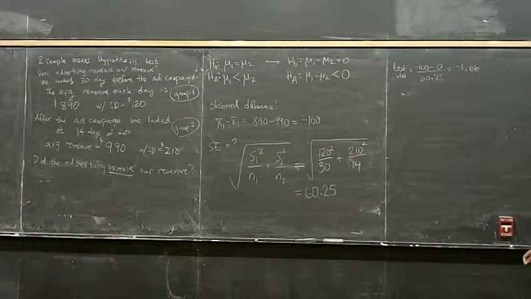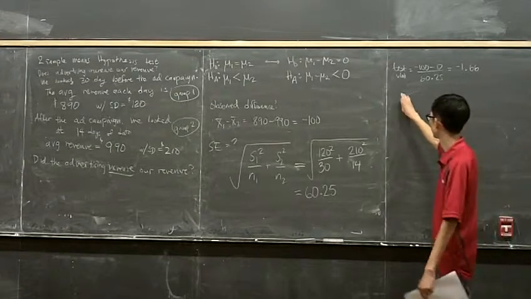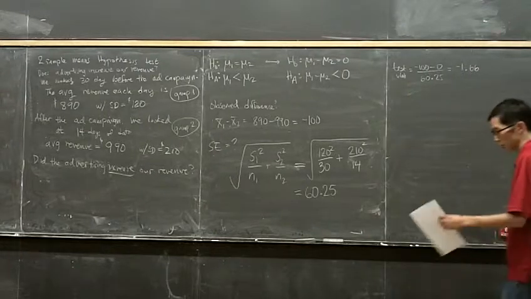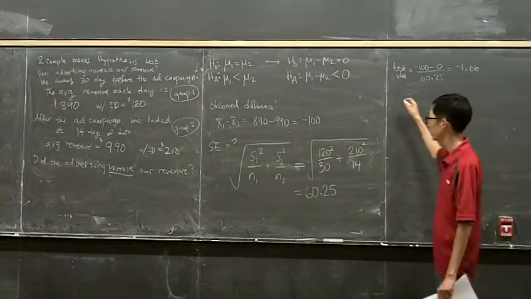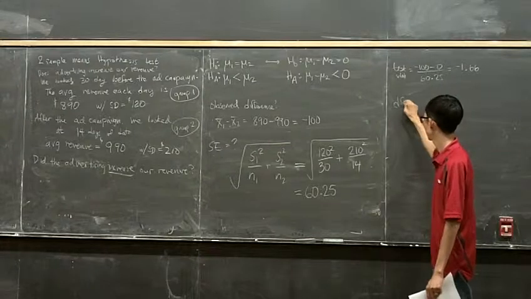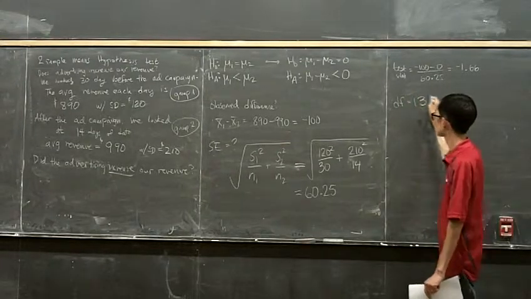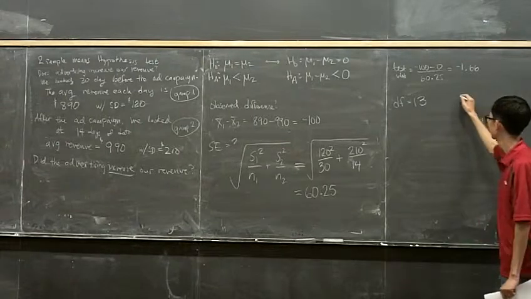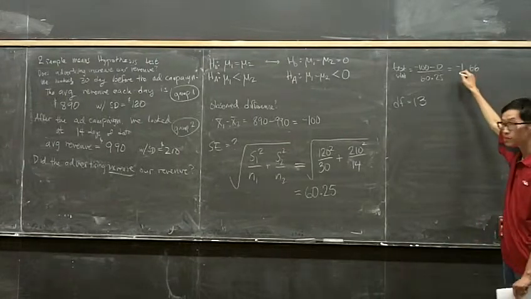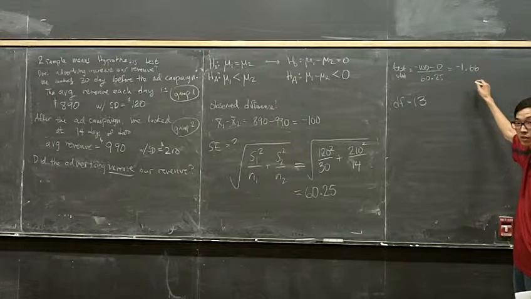So what's my degrees of freedom? 13. I have 13 degrees of freedom. Okay. And my test statistic is negative 1.66.